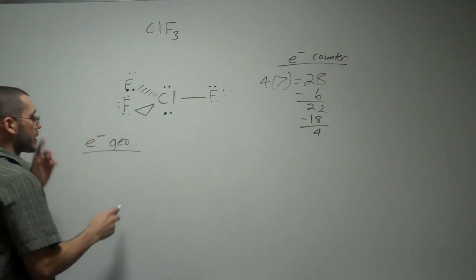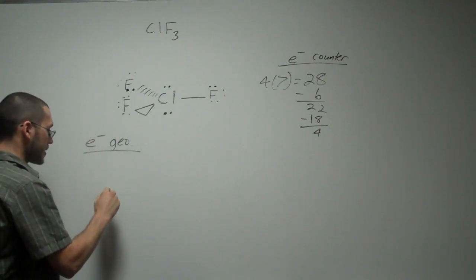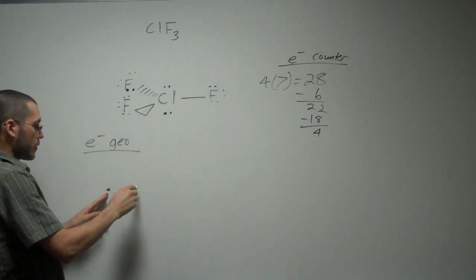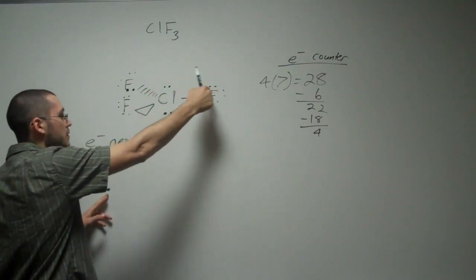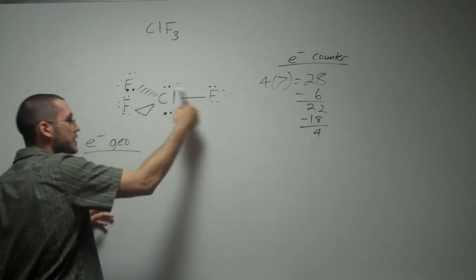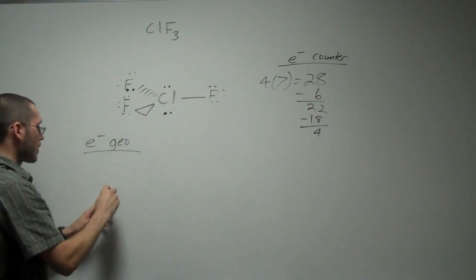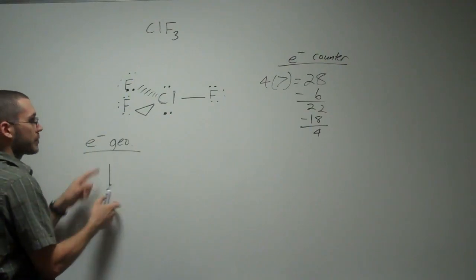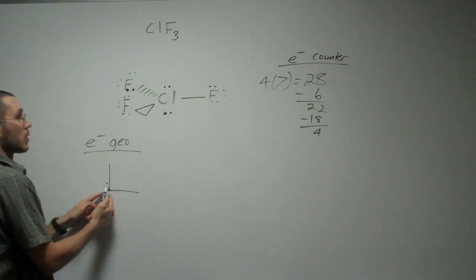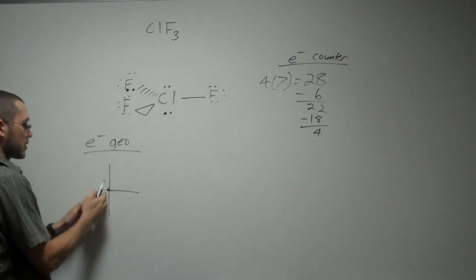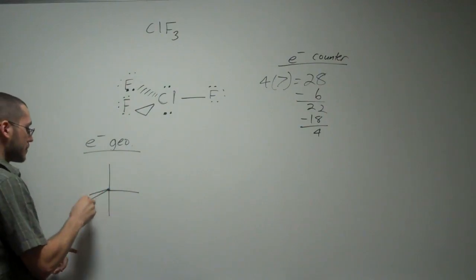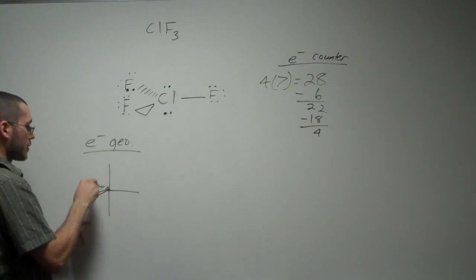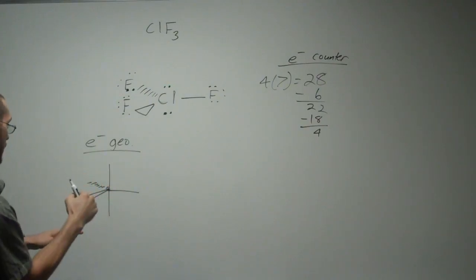The electron geometry, I'm going to draw them as sticks. So here would be my central chlorine, and then I'm going to draw sticks connecting the electrons and the fluorines to the chlorine. So this is the stick that represents the electrons to the chlorine, the fluorine to the chlorine, the electrons to the chlorine, and then I have this stick coming out towards me, and then a stick going into the board there.